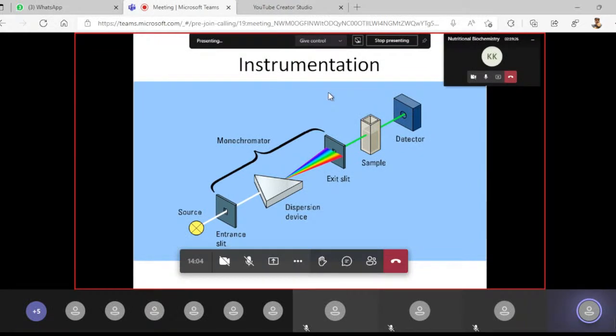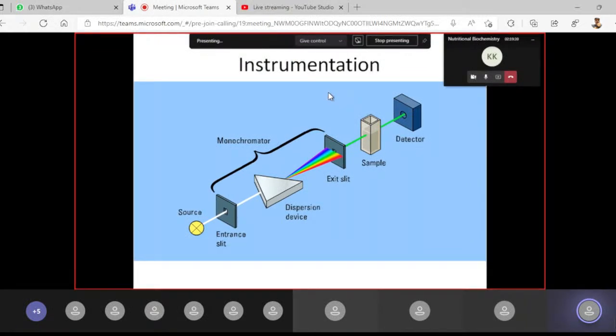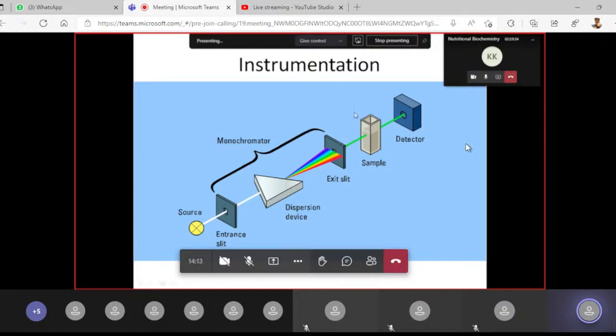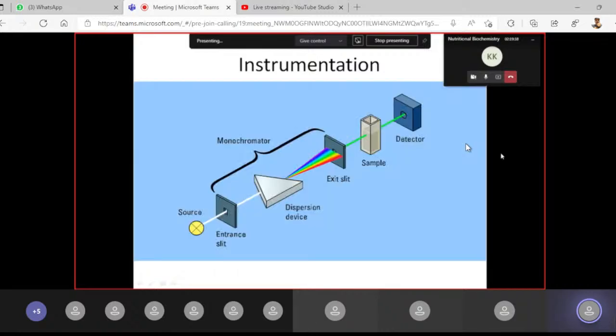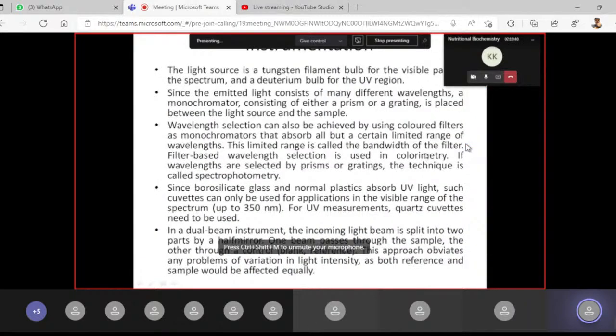You're placing your sample in a cuvette. So this is known as a cuvette. Now the difference comes. For colorimeter, you use cuvettes made of glass. For the spectrophotometer, in the UV range, you should use cuvettes made of quartz. Quartz cuvette. You have to use quartz cuvette in the UV range.